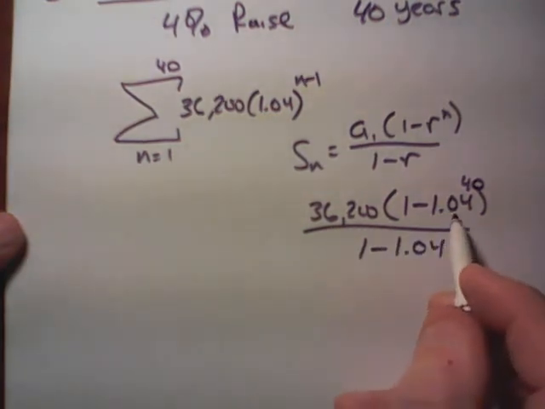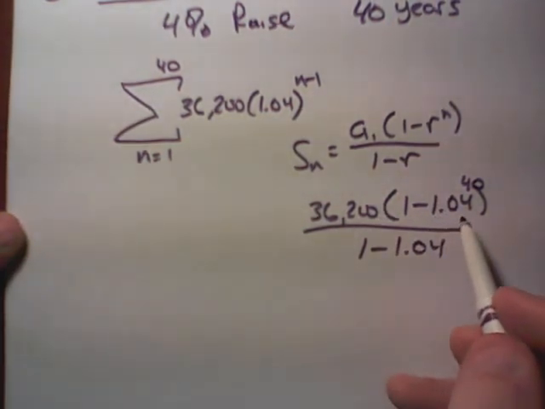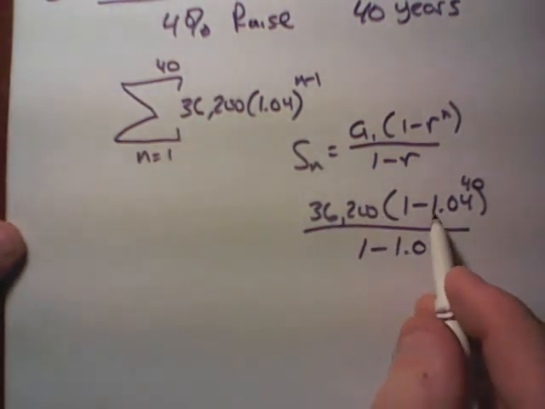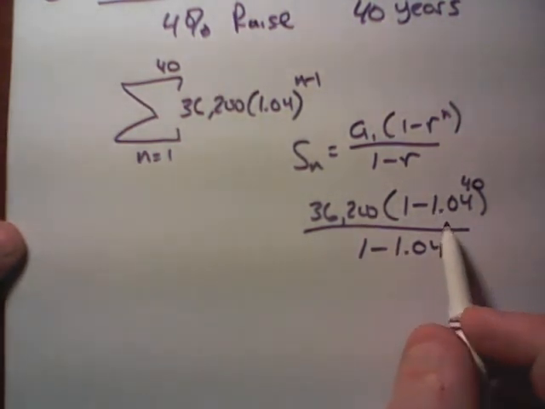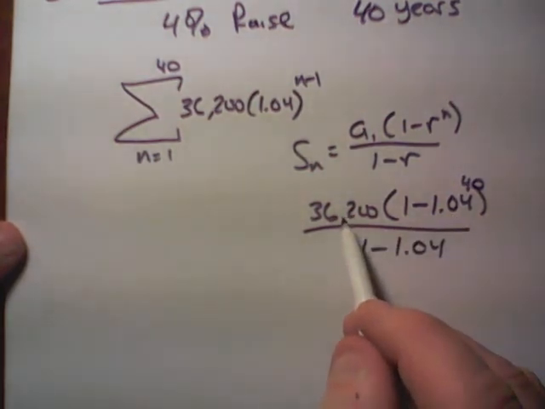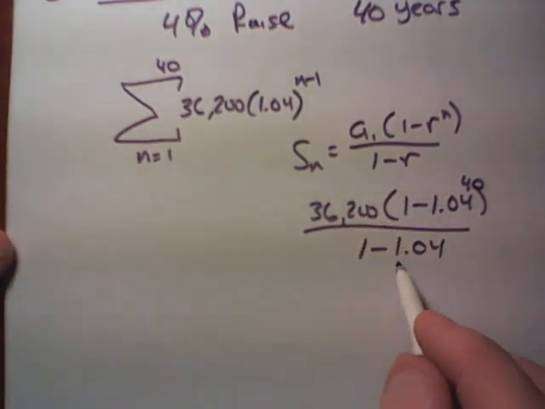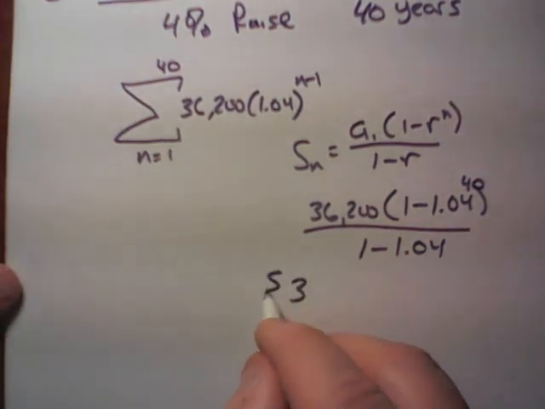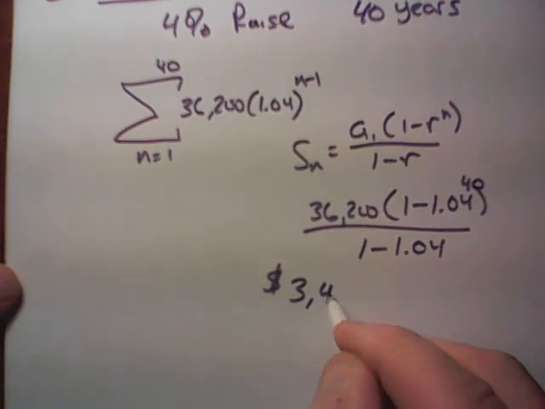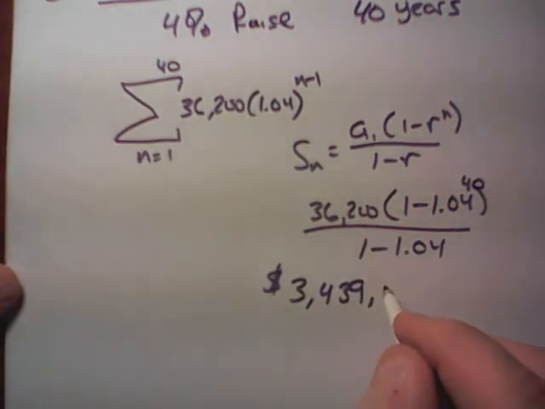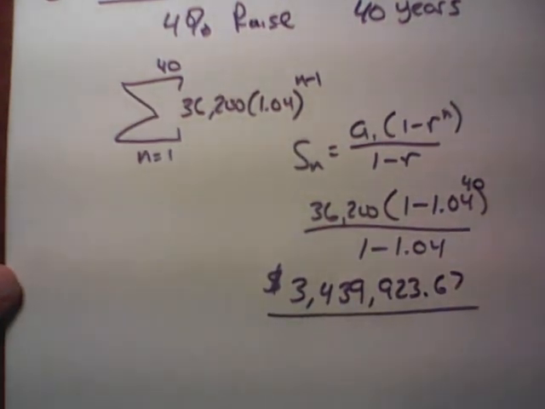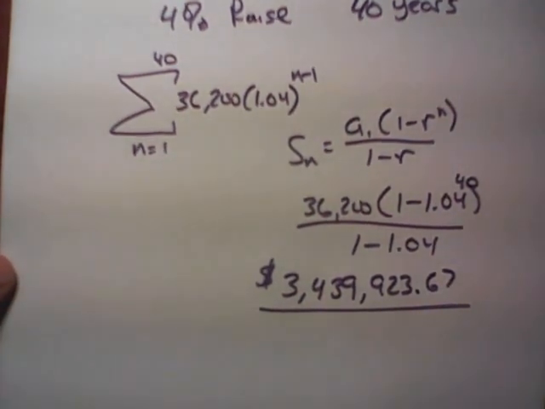On our calculators, we would have 36,200. 1 minus 1.04 to the 40th power is negative 3.8. And if I take negative 3.8 and all those numbers after it, multiply it times 36,200, divided by negative 0.04, I would have a total of $3,439,923.67 that you would make during your career as an accountant.